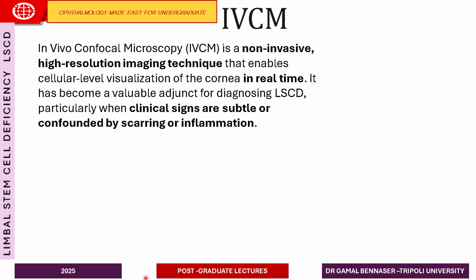And as I have mentioned before, in advanced limbal stem cell deficiency, fibrosis will predominate, and sometimes you will not find goblet cells present in the cornea. So to have a specific and sensitive tool to examine the microstructure of the cornea and determine the classification of limbal stem cell deficiency, we need high resolution imaging like in vivo confocal microscopy, visualizing the cornea at the cellular level and in real time.